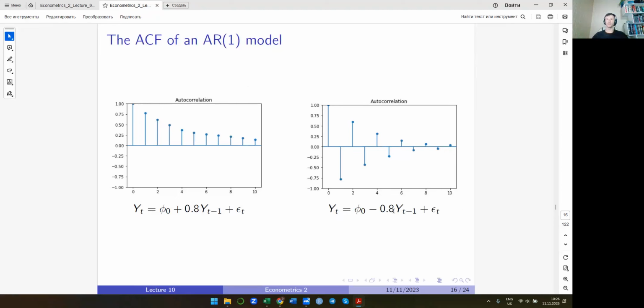If there is a minus 0.8 coefficient in front of yt minus 1, then it jumps between negative and positive areas. It starts from 1, then minus 0.8, then 0.64, then minus something, and so on. So whenever in the data you see such a pattern of the autocorrelation function, you can immediately suggest that an AR1 process is suitable for modeling the data.